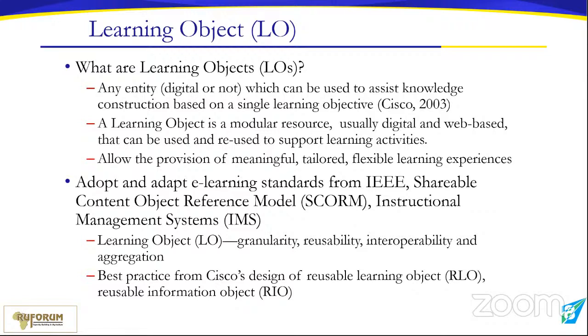If I'm using information security, I can actually code. If I'm teaching a course called cryptology, I can actually still have this module called cryptography. So that's what I call granular, reusable, interoperability, and aggregation. So you design your learning object in a way that it can be reused, it can be integrated into other courses or other modules.